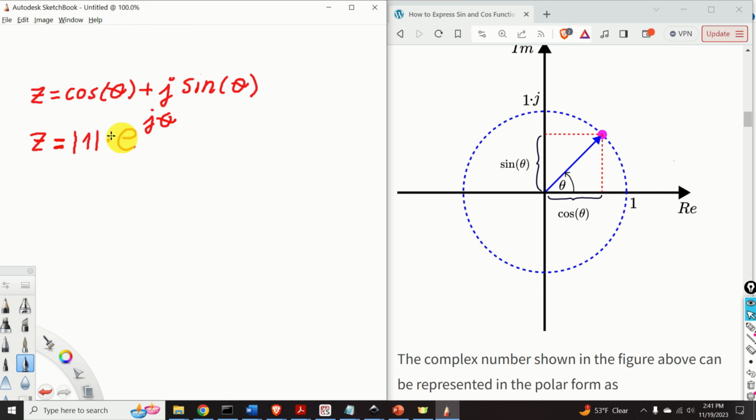By combining this expression with this expression, we arrive at the Euler formula. Euler's formula takes this form: e to the power j theta is equal to cosine of theta plus j sine of theta.